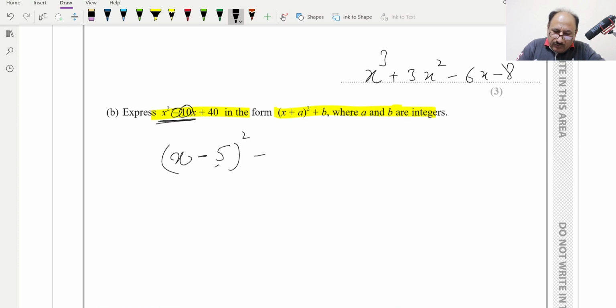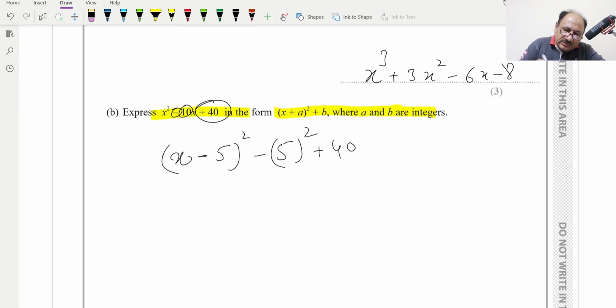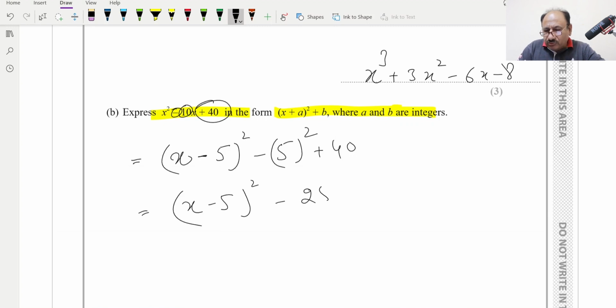Minus whatever we are writing over here, this sign will always be minus, and whatever we have written we copy and square, and the tail portion we write plus 40. This is the method for completing the square, and it is the easiest technique. This will be x minus 5 squared, minus 5 squared which is 25, plus 40. So x minus 5 squared, and minus 25 plus 40 is plus 15, and this is the answer.